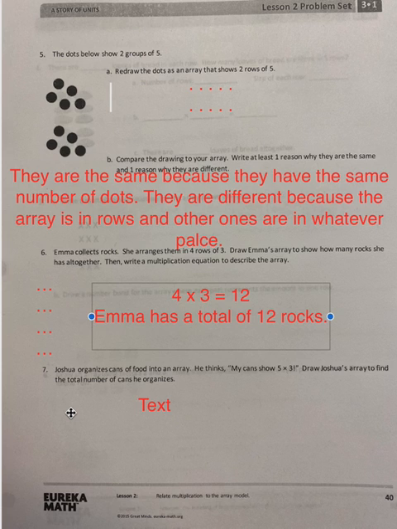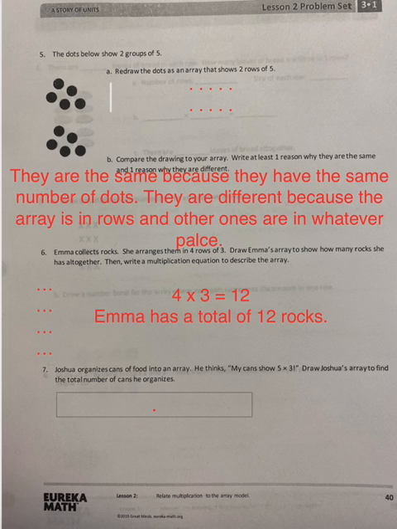Joshua organizes cans of food into an array. He thinks my cans show 5 times 3. We're going to draw Joshua's array to find the total number of cans he organizes. So just like before, the first number is how many rows. So Joshua is saying he has 5 rows.